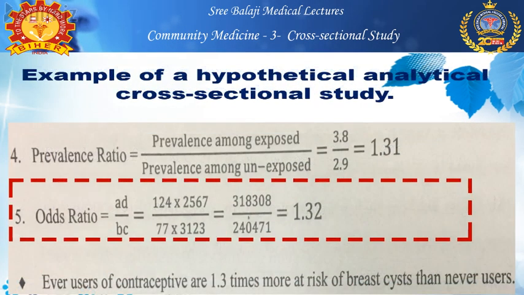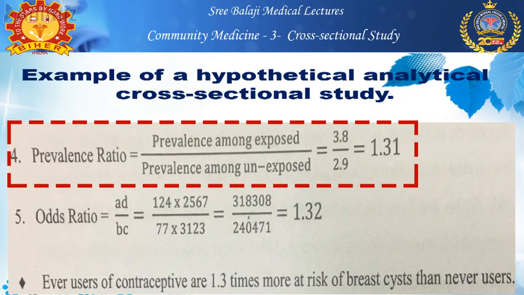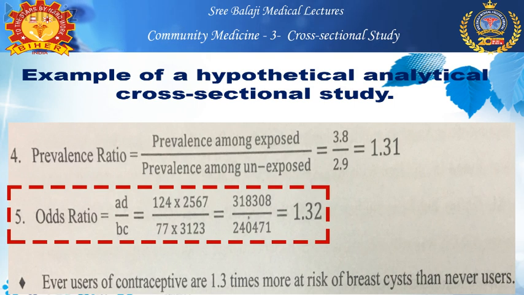Then we will derive information on prevalence ratio, which is nothing but the prevalence among exposed divided by prevalence among non-exposed, which is equal to 1.31. And we can also calculate odds ratio, which is nothing but cross product ratio, AD by BC, which comes around 1.32.